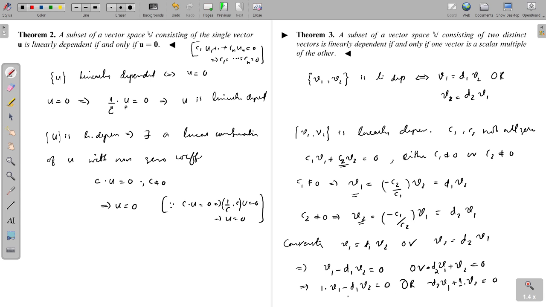That means you can get a linear combination of v1, v2 as 0 with at least one coefficient non-zero. That means not all c_i's are zeros. That means there exists at least one expression for linear combination equal to 0 including v1 and v2 with one of these coefficients non-zero. This shows that v1 and v2 are linearly dependent. So this proves theorem 3.